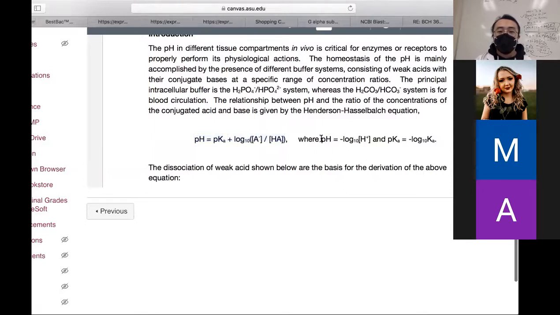The definition of pH is the minus log of the concentration of protons in a solution. We can express this in a different way, which is this one: pH equals pKa plus log of the concentration of the conjugate base over the weak acid.